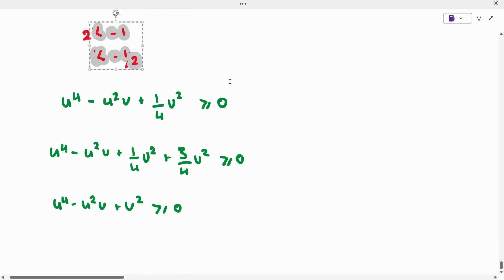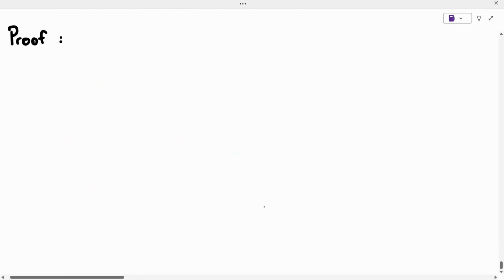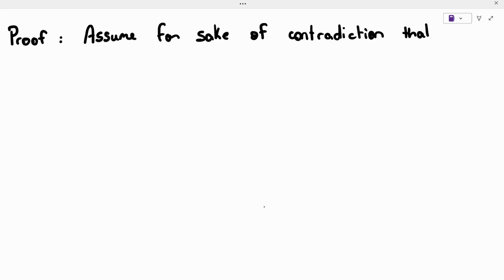So if we formalize this proof now, I'm going to do a proof by contradiction for this one. So assume, for sake of contradiction, that u^4 plus v^2 is less than u^2 v. Then u^4 plus v^2 minus u^2 v is less than 0.